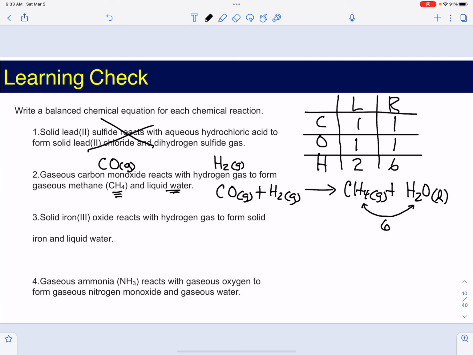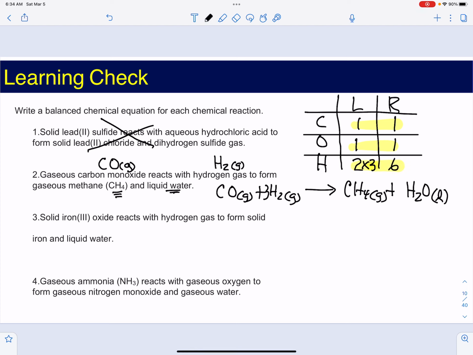So we have to balance the hydrogen. We need a total of 6. We only have 2. However, all we have to do is multiply by 3 on the left side where the hydrogen is, and that should give us our balance.